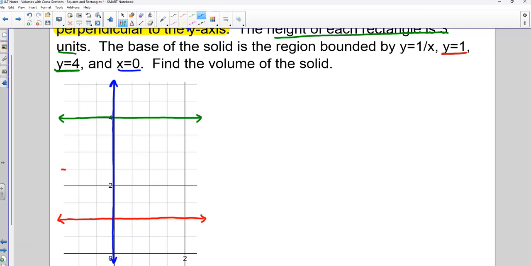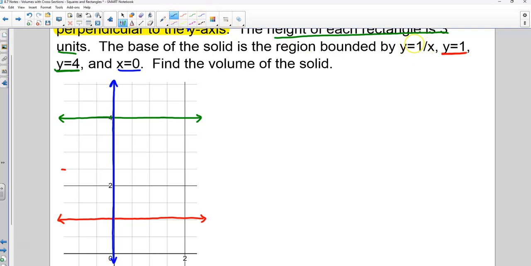And then 1 over x, that one, we may or may not know what it looks like. In the third quadrant it does like this, in the first quadrant, which is what we care about, it does sort of like this.